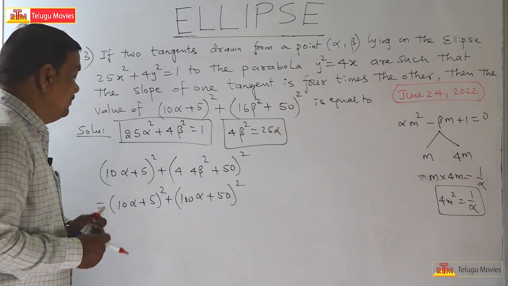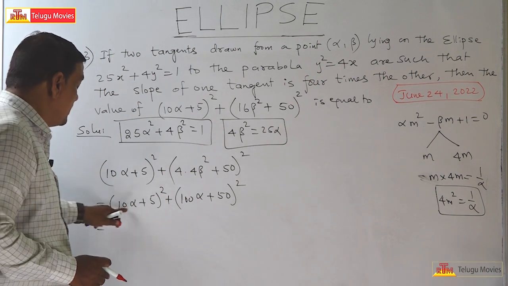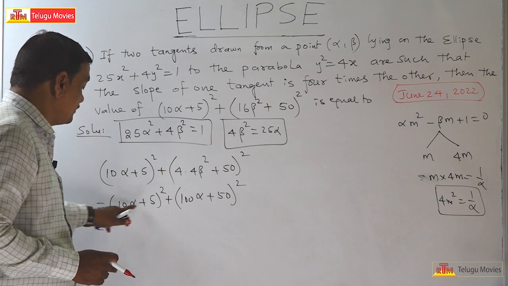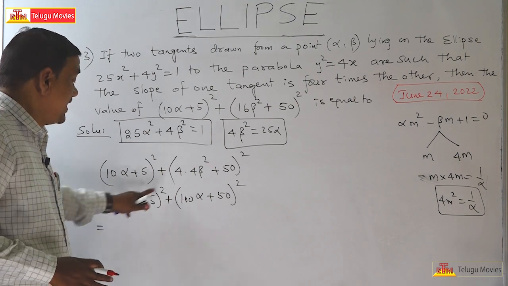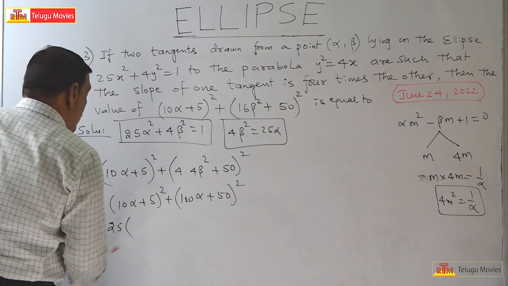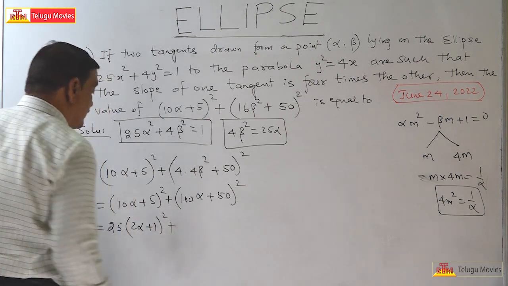Now let us take 5 common outside. Since it is squared, 5 square, 25 will be there. So this is 25 into 2 alpha plus 1 whole square.